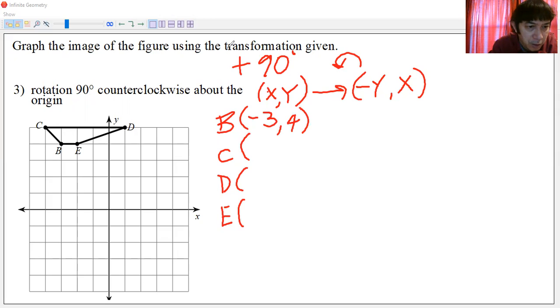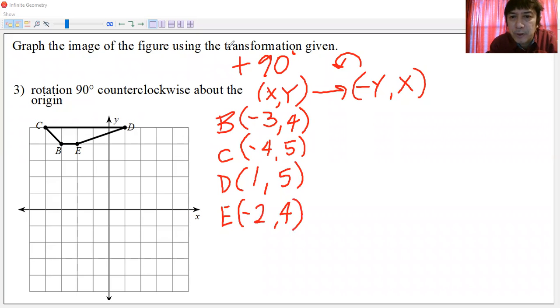For C, it's (-4, 5). And our point D at the first quadrant, that's (1, 5). Our point E is at (-2, 4).